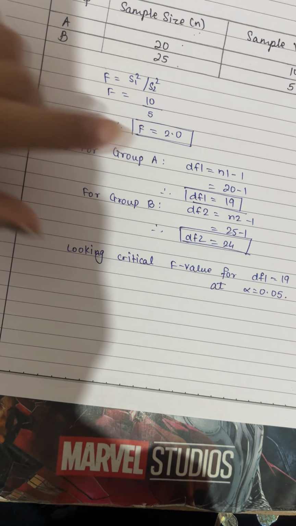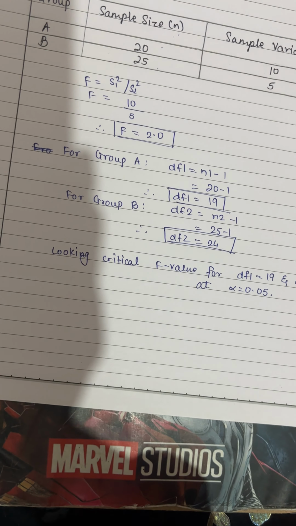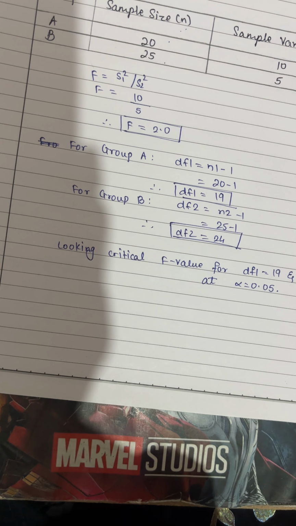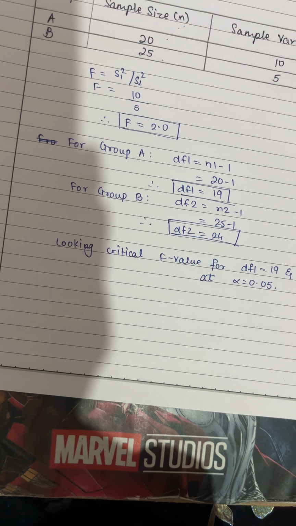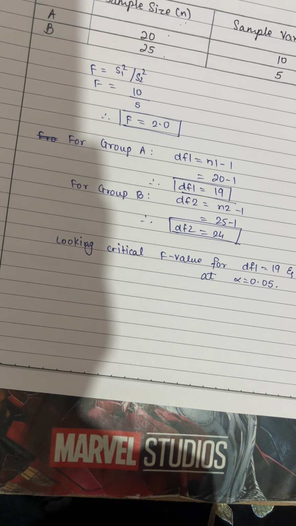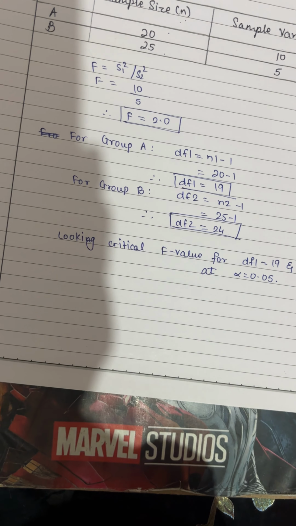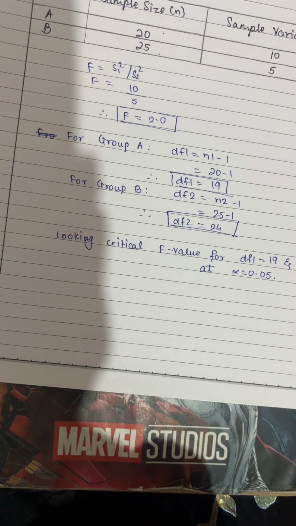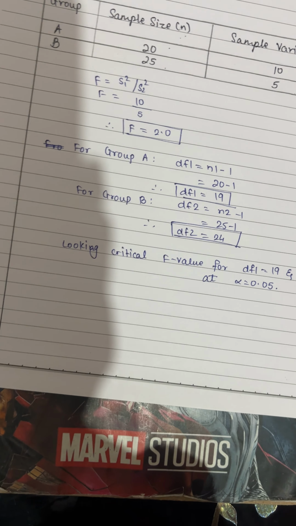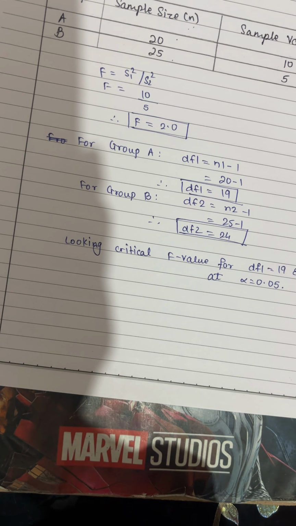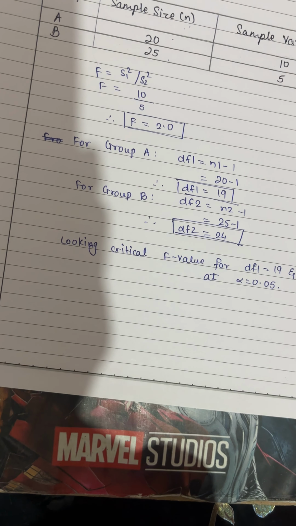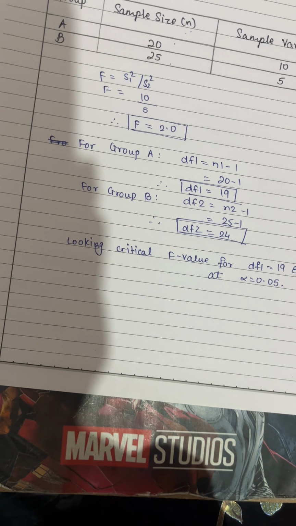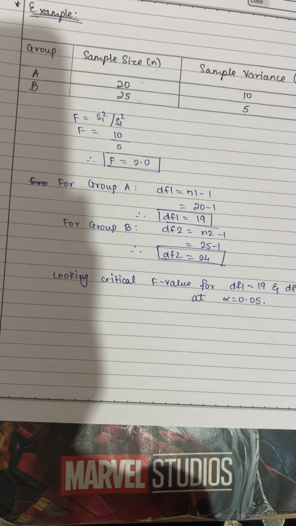Our critical value is 2, and as we said before, our F value should be greater than or equal to 1. So we reject H0, where we can say that variances are not equal. Okay, is it clear?